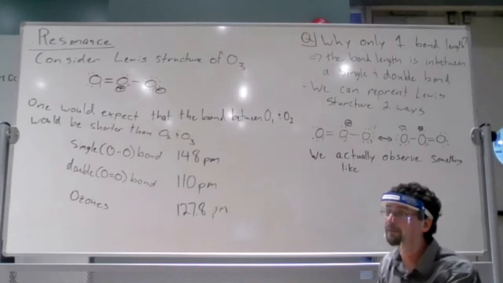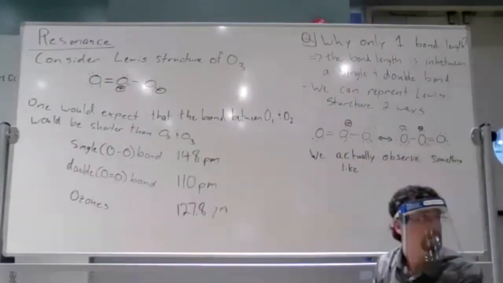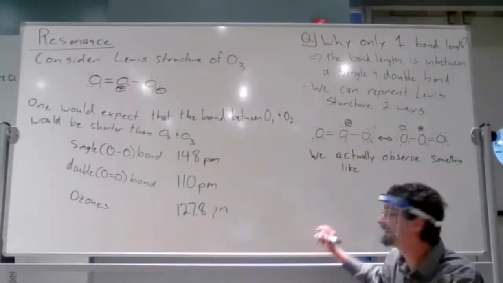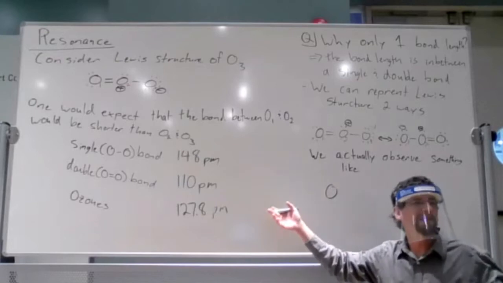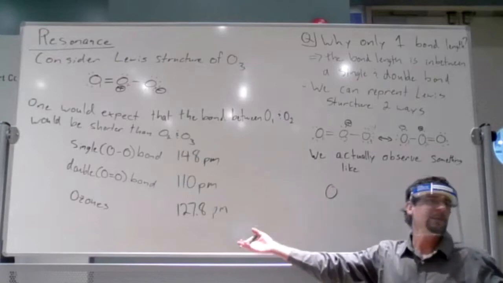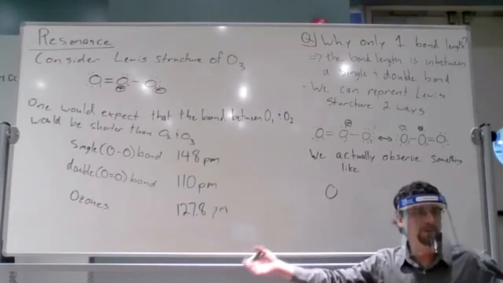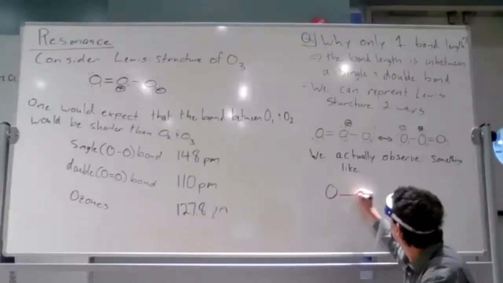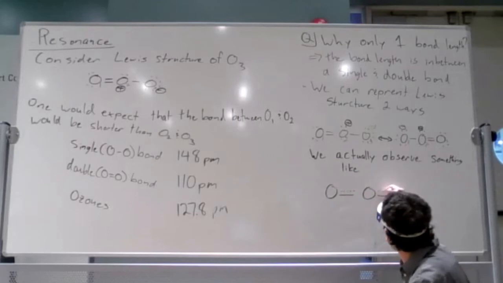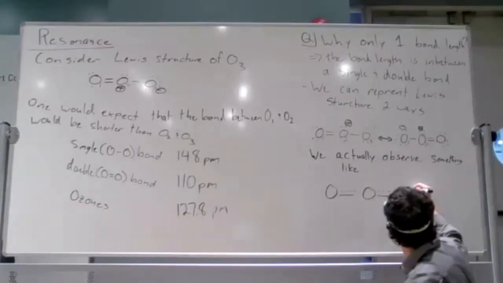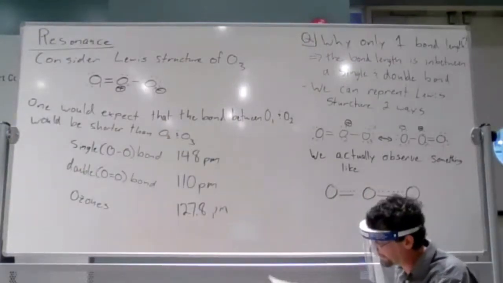Any ideas? Thinking outside the box? Yeah, we would want like a 1.5 bond, right? Unfortunately, with the way that we have Lewis structures, we don't really represent it too often. What we could do is something like dotted lines, to give you an idea of, okay, there should be something else there.